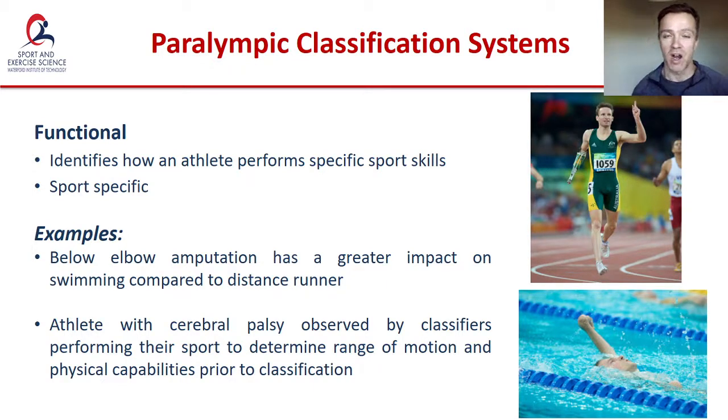So talking about an arm amputation below the elbow, your ability to swim is going to be greatly impacted. Your ability to run a long distance is not going to be impacted to the same degree. So these functional classification systems would place an athlete with that below the elbow amputation in a different class for swimming than they would for athletics.